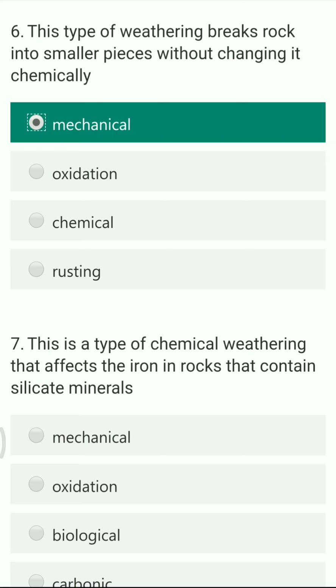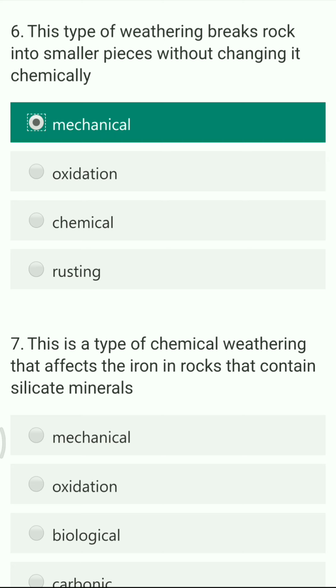Only mechanical weathering does not change the composition of the rock. The rock before weathering will have the same properties after it gets weathered.